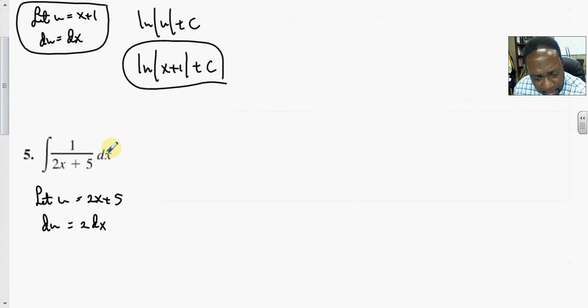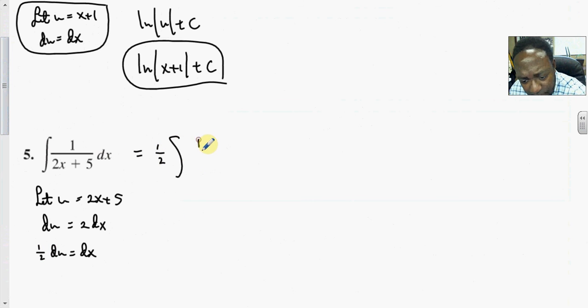To represent the 1 dx, we simply divide both sides by 2, so we have 1/2 du is equal to dx. So I come over here, 1/2 du represents dx, but I put the 1/2 out in front. That's the fraction. The integral of 1 over u, where u is set to be 2x plus 5, and then 1/2 du represents the dx.